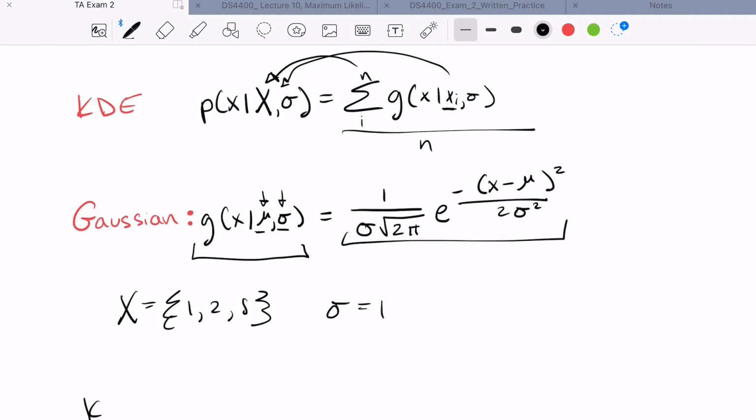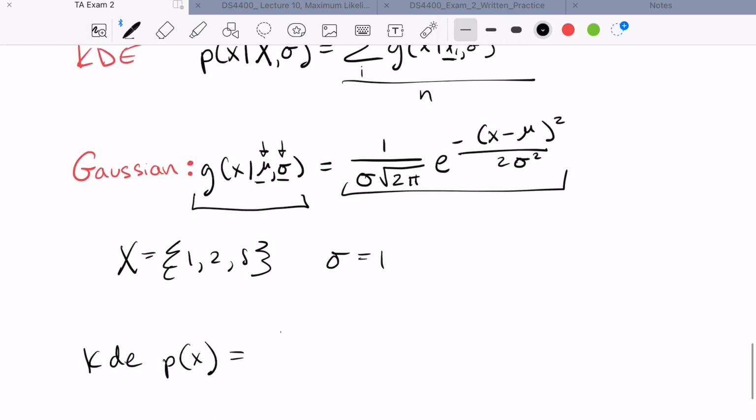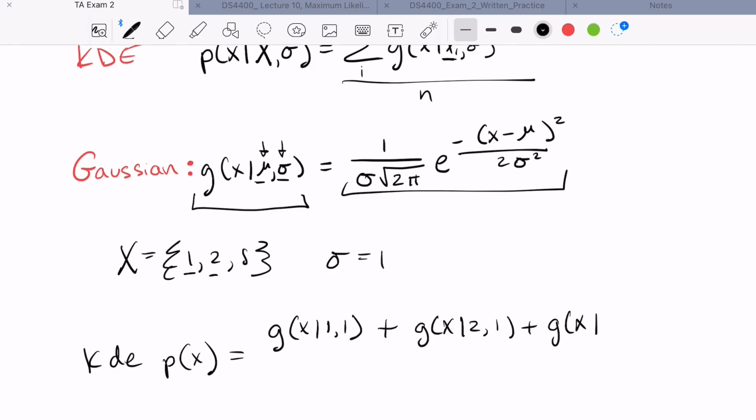So we know that the KDE PDF p of x is equal to, remember it's the sum of Gaussians, so we're going to have g that takes in an x and it's parameterized by 1, which is this first value, and 1, which is for sigma, plus the g of x, which is parameterized by 2, and that same sigma, plus g of x, with now the 5 and the sigma.